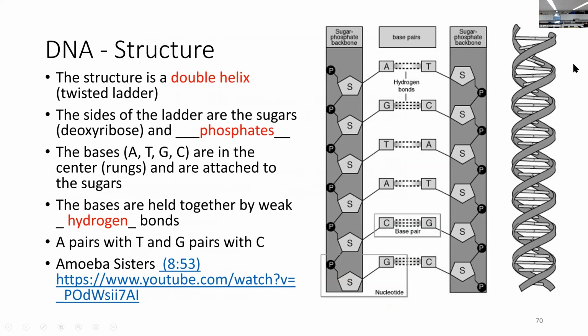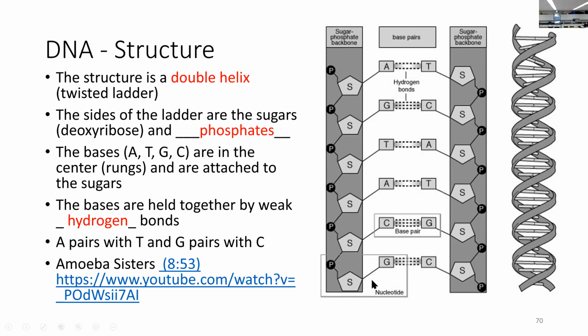We've got the beautiful double helix like this, but if you flatten it out, the bases are always attached to the sugars, and it's the phosphates that join those together. And they are held together in the middle by those weak hydrogen bonds.